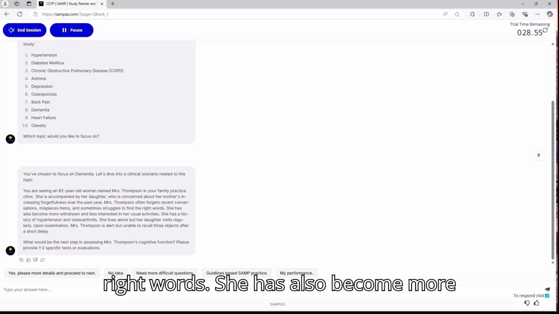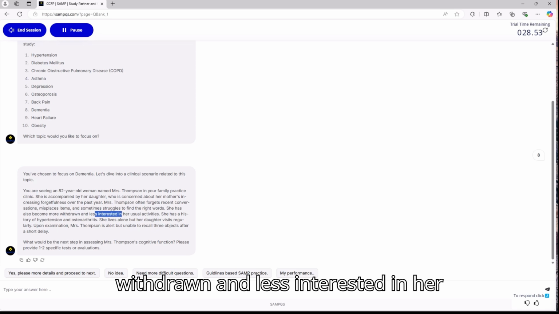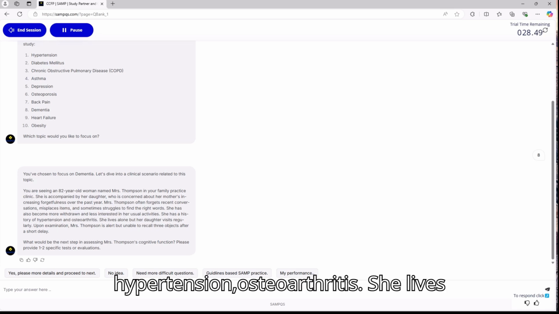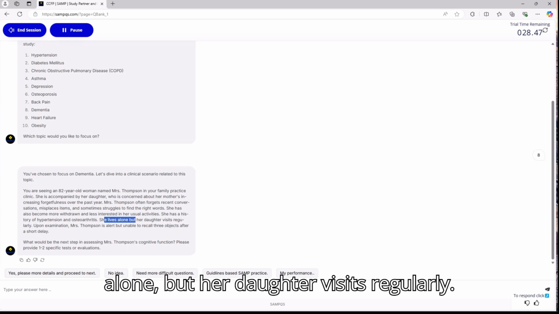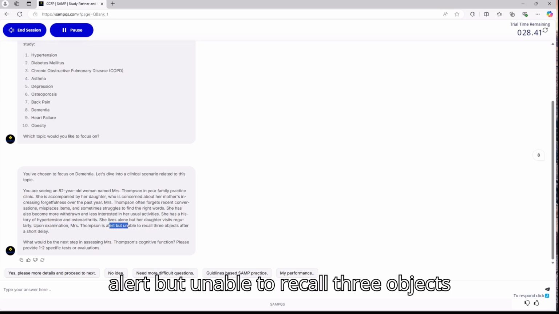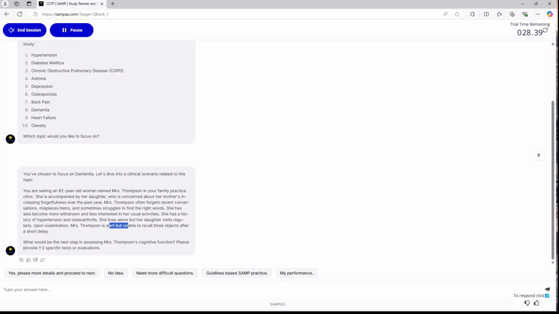She has also become more withdrawn and less interested in her usual activities. She has a history of hypertension and osteoarthritis. She lives alone, but her daughter visits regularly. Upon examination, Ms. Thompson is alert but unable to recall 3 objects after a short delay.